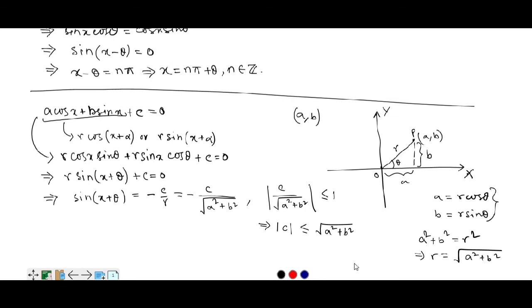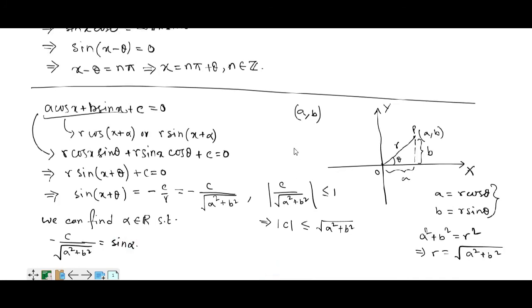Now if this condition is true, then again we can write this part as a sine value. We can find some angle alpha belonging to R such that minus c by root of a square plus b square is equal to sine alpha.